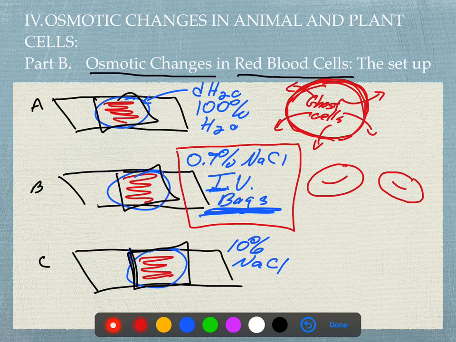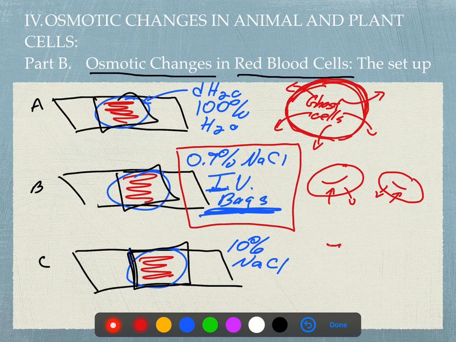It's because that's the exact osmolarity of our bloodstream. It's actually 0.85 or something like that. So what this means is that water is leaving and water is entering at the same rate. And so these cells don't experience any change in water pressure. They don't bloat, they don't shrivel.